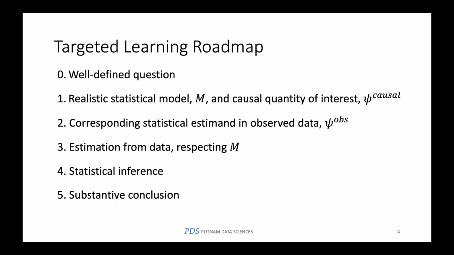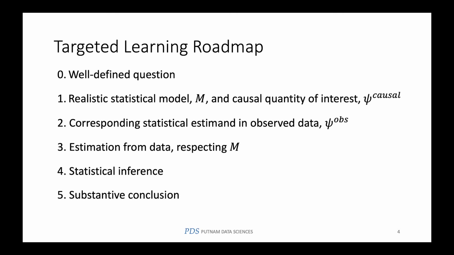So let's review the targeted learning roadmap. I like to start with a step 0, a well-defined question. And from there, we construct a realistic statistical model M and causal quantity of interest, psi causal. And this is all in terms of some counterfactual theoretical ideal, a model that captures the known bounds on the problem, and a causal quantity of interest in terms of counterfactuals.